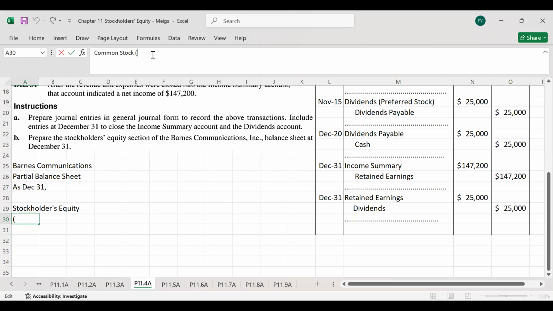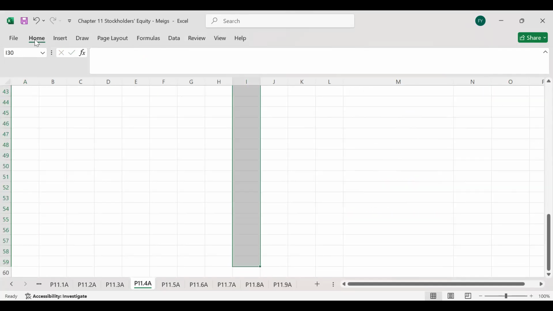We can divide 71,000 by 2 because $2 is the par value. So, in order to get the total number of shares issued, total number of shares issued are 35,500 shares at the rate $2.